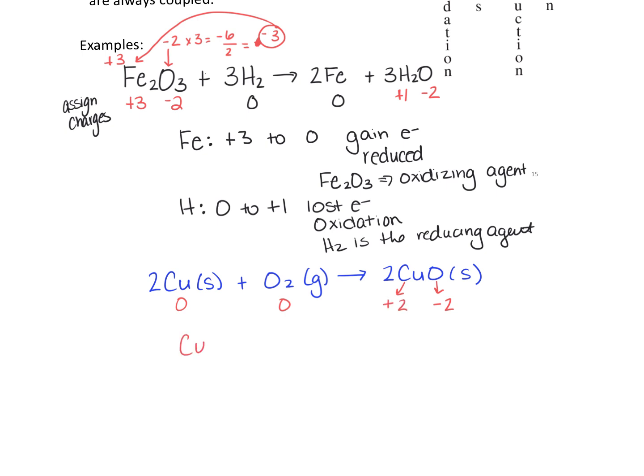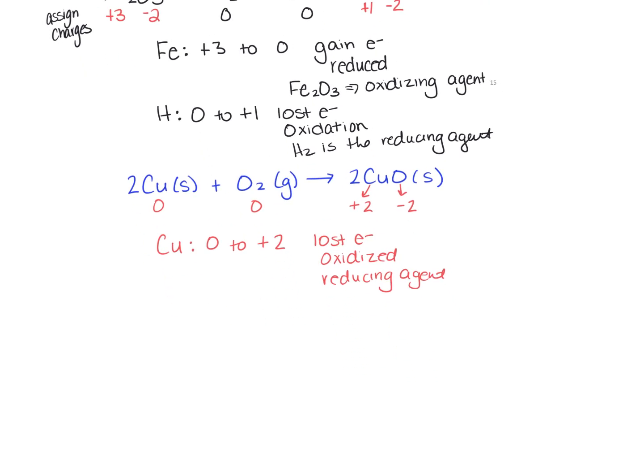So when we look at copper's journey, it goes from a 0 to a +2. And so that means it has lost electrons, right? And so that means it's oxidized, or it's gone through oxidation. And so it is the reducing agent. Then we also have oxygen here.